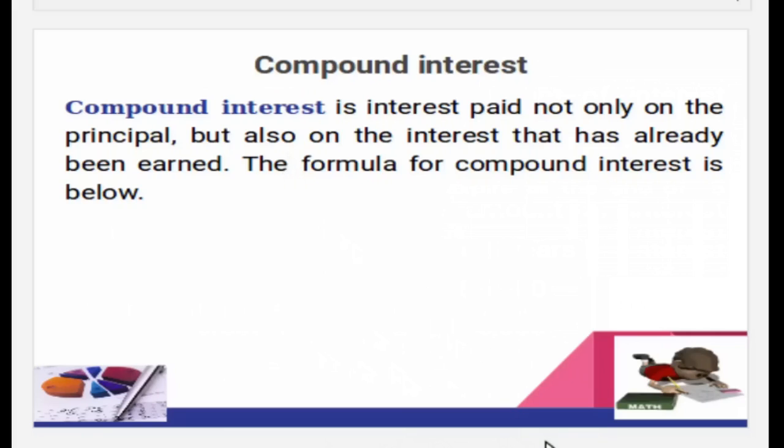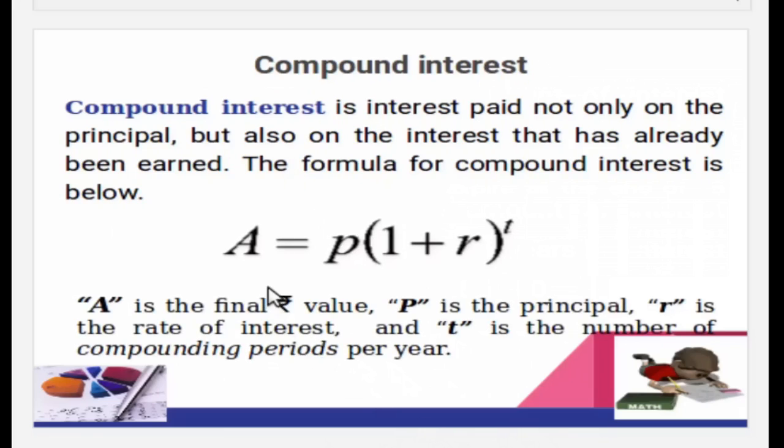The formula for compound interest is, where A is the final amount while P is the principal amount. R is the rate of interest and T is the number of compounding periods per year. That's why it is an exponential.